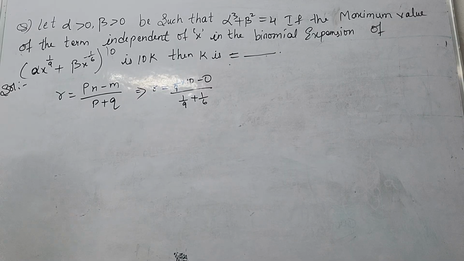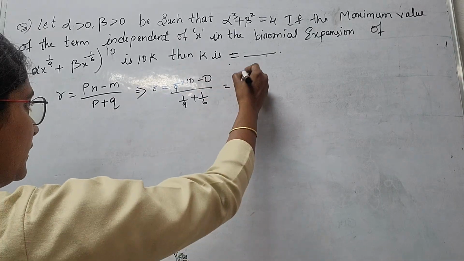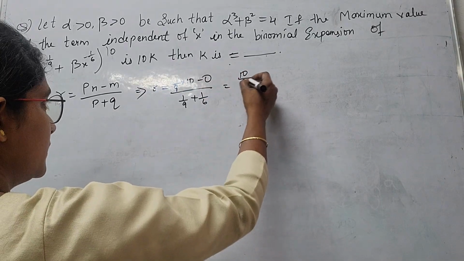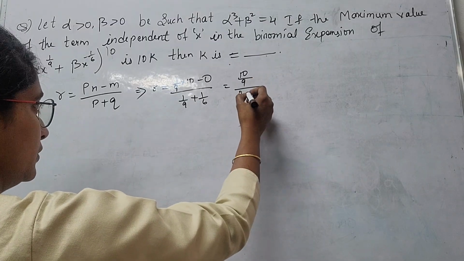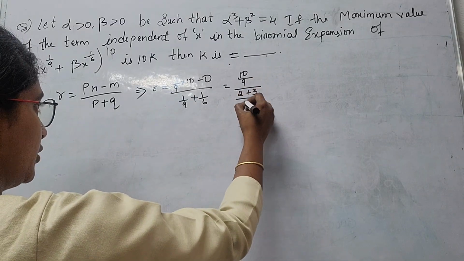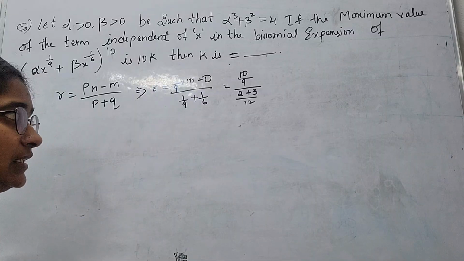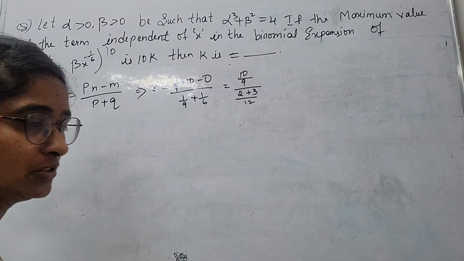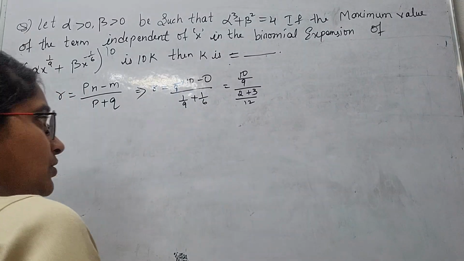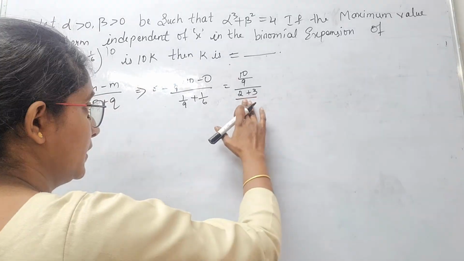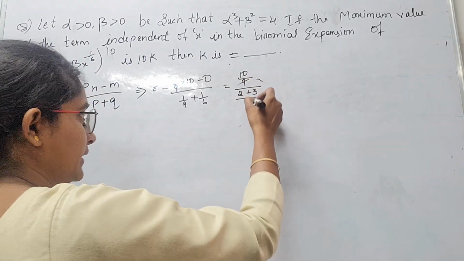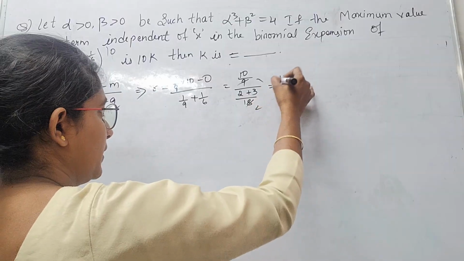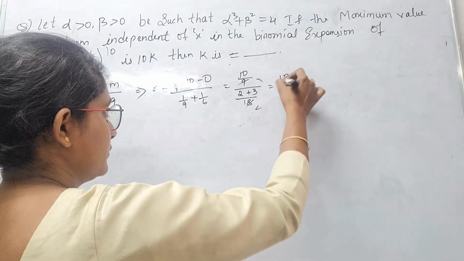Then 10 by 9 by, as I told you, 2 plus 3 by 18. 2 3s are 6, 6 3s are 18. So if I take the reciprocal and cancel, 10 by 5, 5 1s, 5 2s.